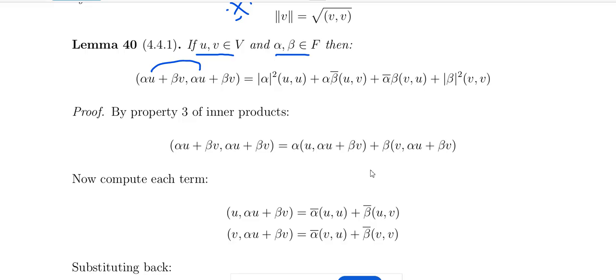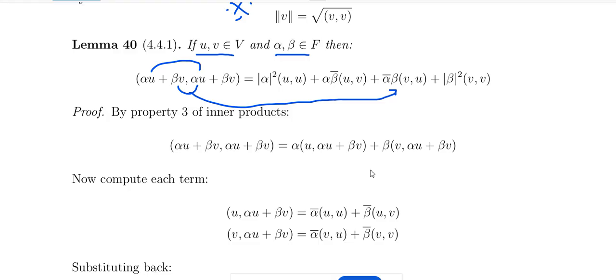Then beta v into alpha u gives alpha bar beta, v comma u.